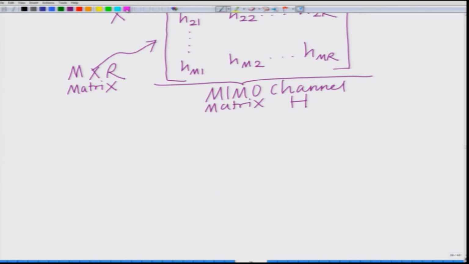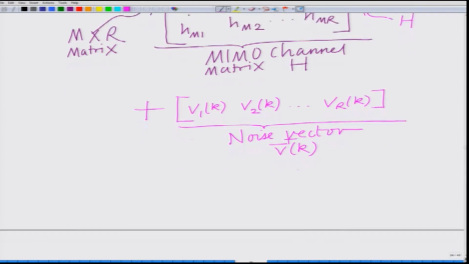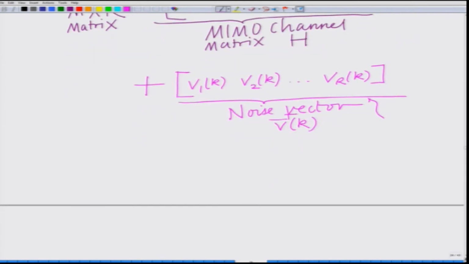So, this is basically your matrix H plus the noise vector v1k, v2k, so on up to vRk. This is the noise vector v bar transpose of k at time instant k, and this is obvious, you have R receive antennas, so you have R noise samples.